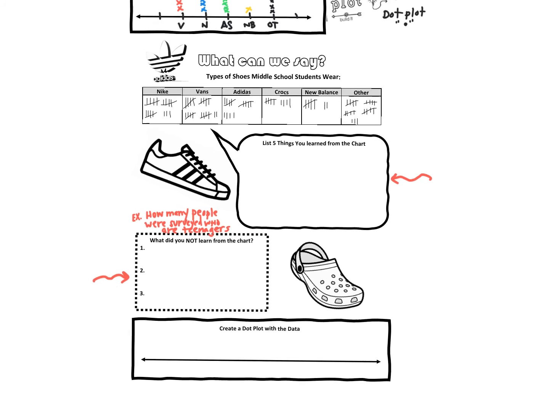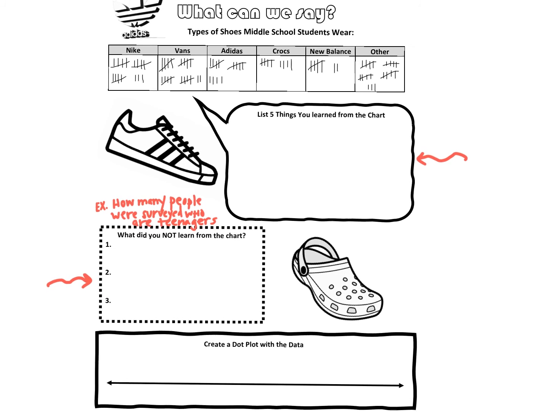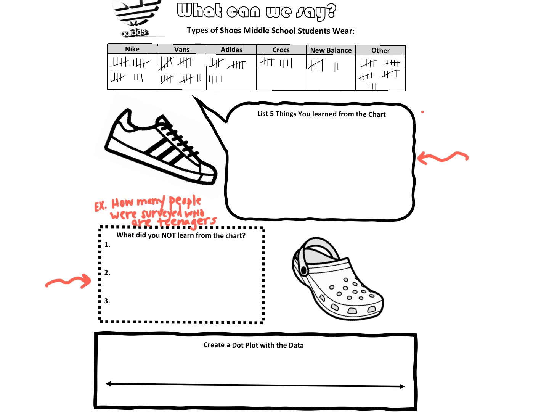Things you did learn from the chart, you should be able to state specifically. Talk about things like what's the most popular, what's not popular, what is maybe kind of popular but not too popular, how many Adidas, how many people in total were surveyed, things like that, okay?